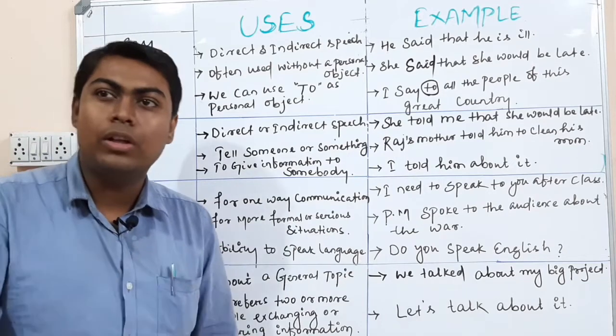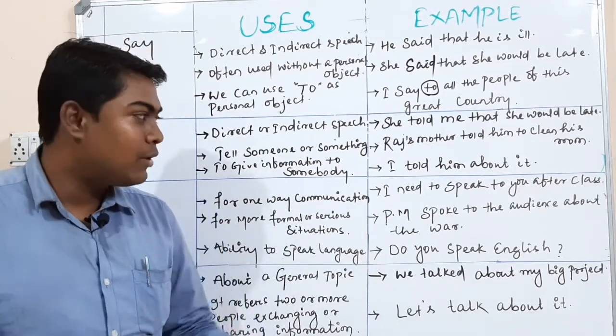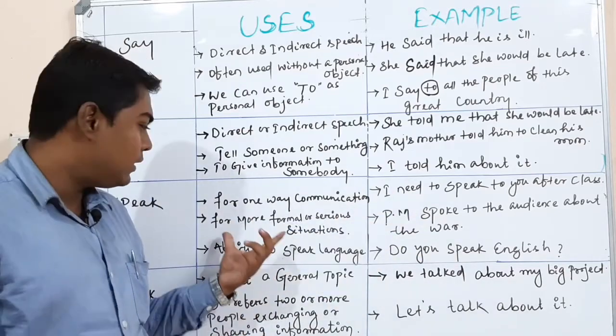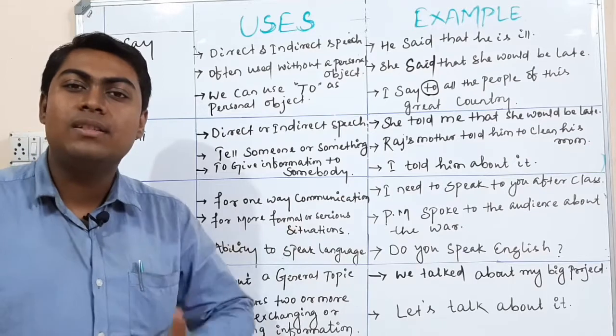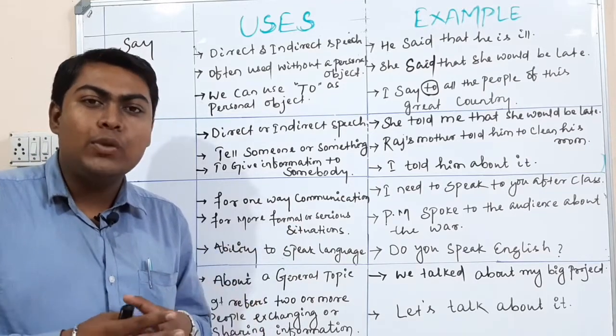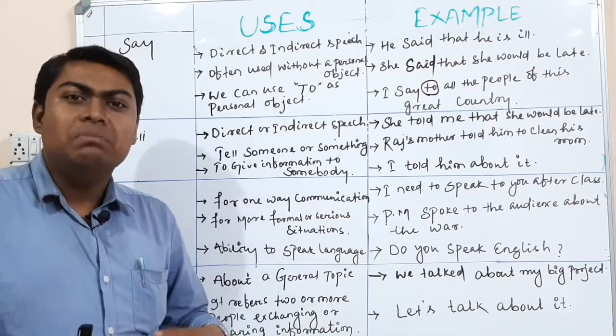Suppose your class is going on and you know that this is a matter you need to discuss. In that case you can say, I need to speak to you after my class. Second condition is for more formal or serious situations. Suppose there is a huge disturbance between you and your friend. In that case you can use it.